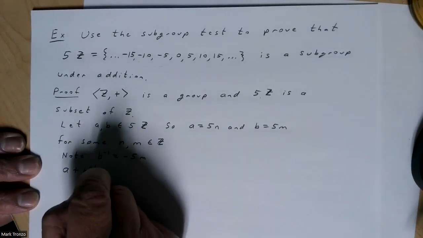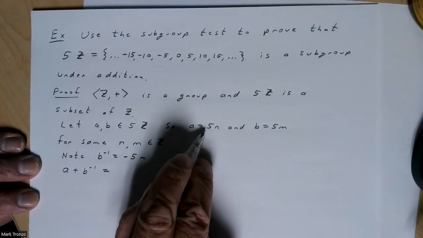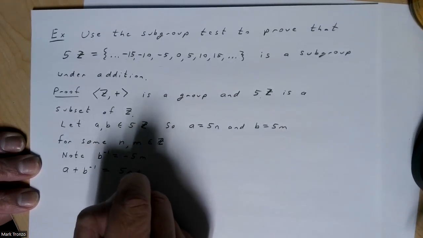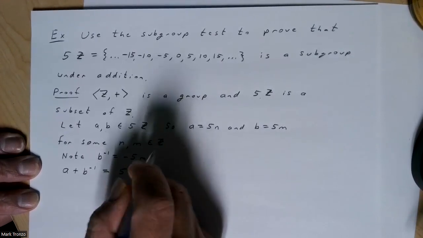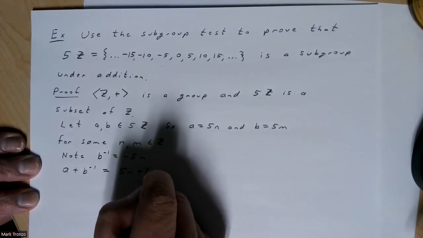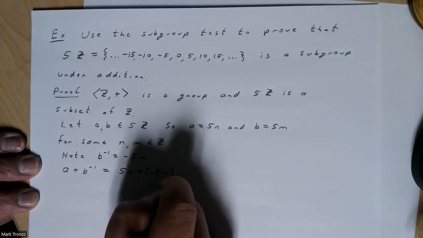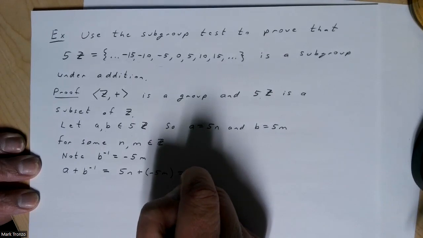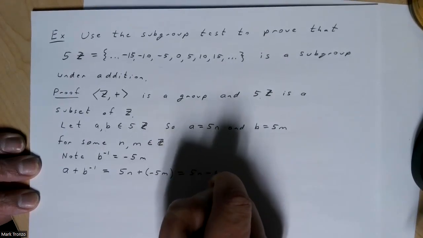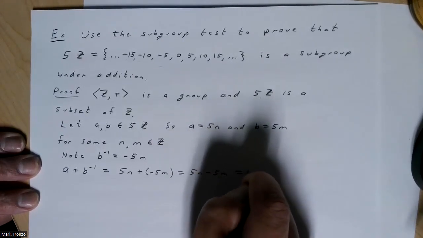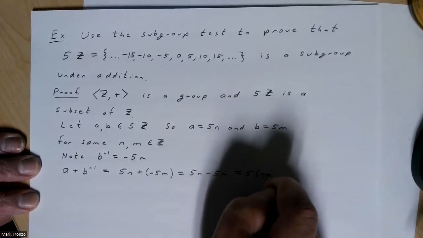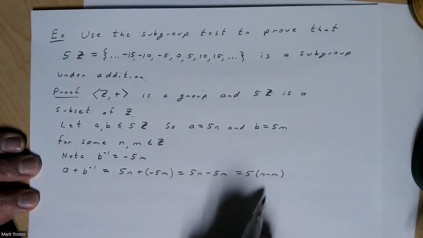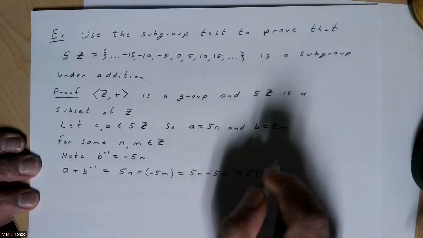And of course, what is that? A was of the form 5n, and B inverse was negative 5m. And so this is going to be 5n minus 5m, which is 5 times (n minus m). And now these are two integers. The difference of two integers is going to be an integer.